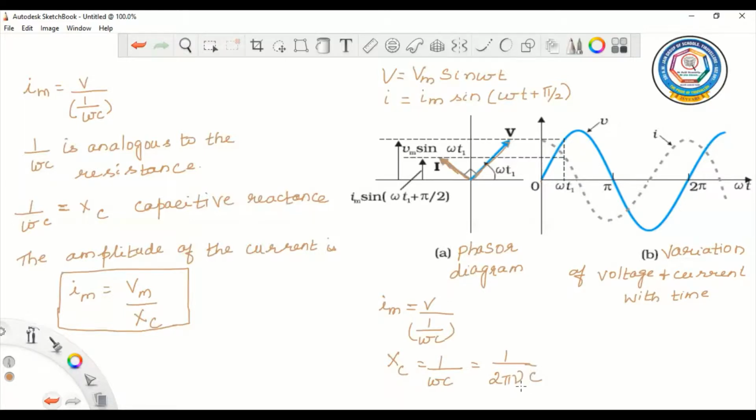Okay, so I'll write the definition here, children.